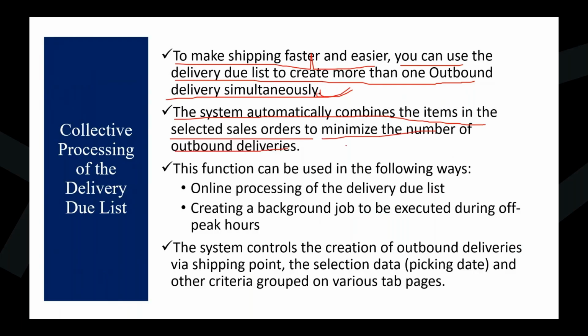So to reduce outbound deliveries, the system will combine them if certain criteria are met. This function can be used in the following ways: online processing of the delivery due list, or creating a background job to be executed during off-peak hours. So for this collective processing, either you can do front-end online processing, or you can execute it as a background job which runs automatically in the background.